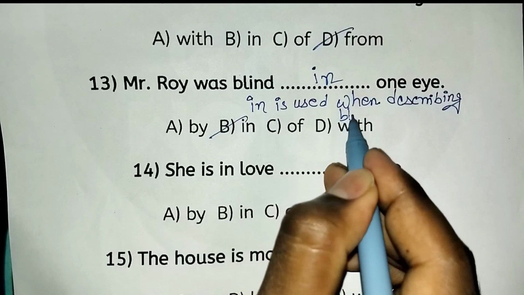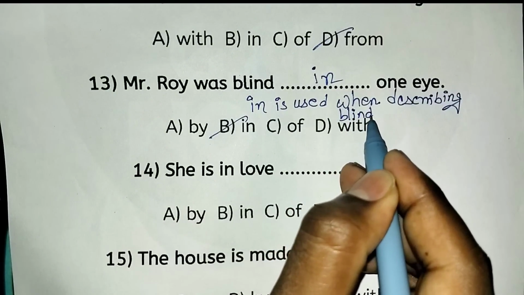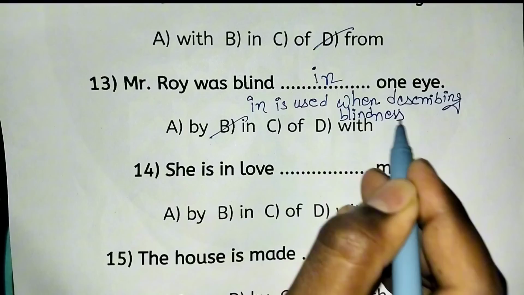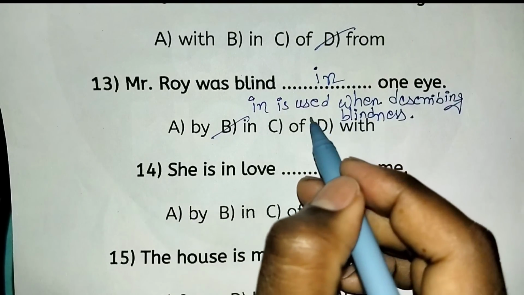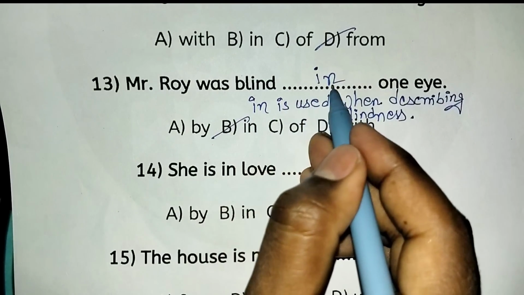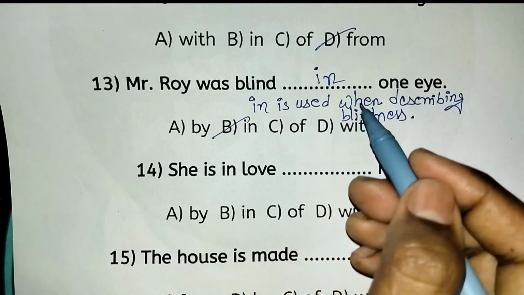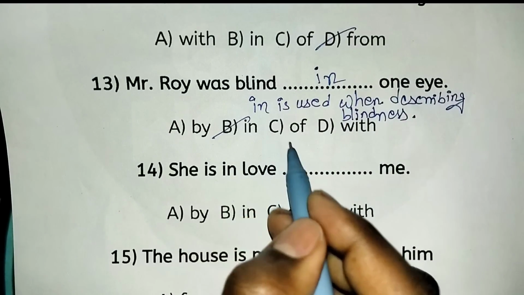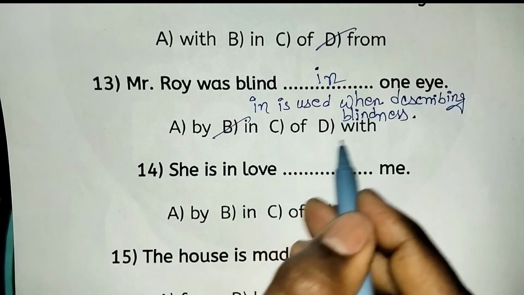Also, it is a fixed preposition. Blind in is a fixed preposition. That's why we have to use in, not of, not by, not with.